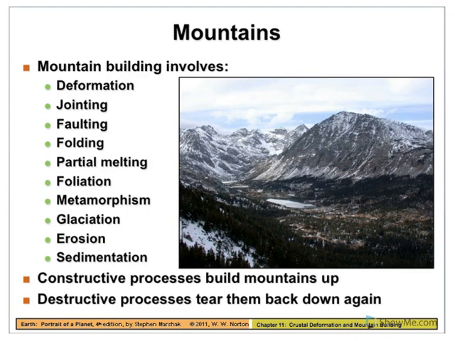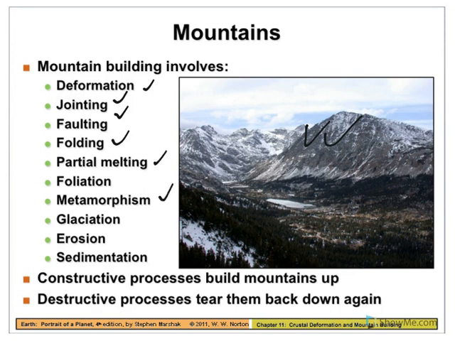So mountain building involves a lot of processes. We're going to talk about deformation. As you can see in here, my rocks are folded. They're not nice and flat. We're going to have breaking, and we can have different kinds of breaking of our rocks, jointing and faulting. Our rocks can also fold as well, so we're going to talk about that. Sometimes there's enough pressure that it causes our rocks to kind of melt a little bit.